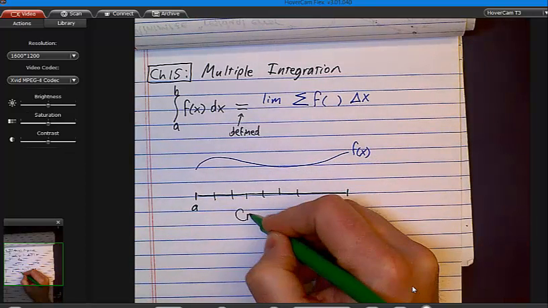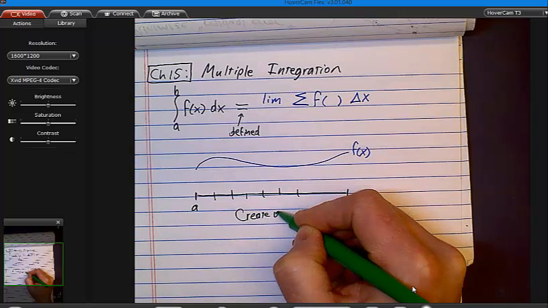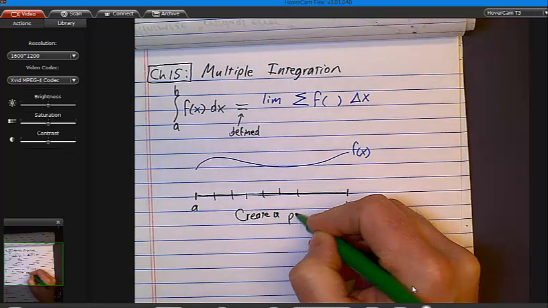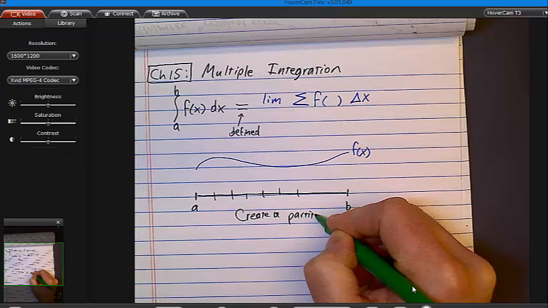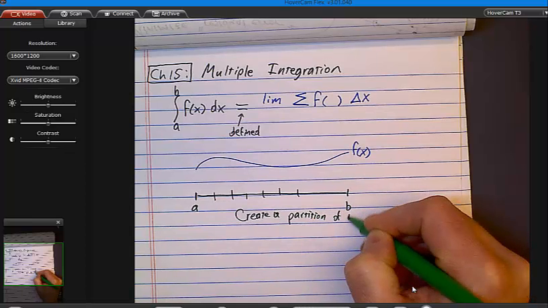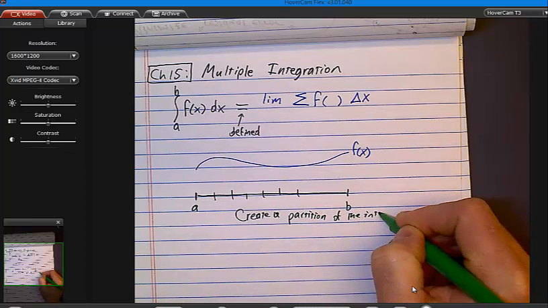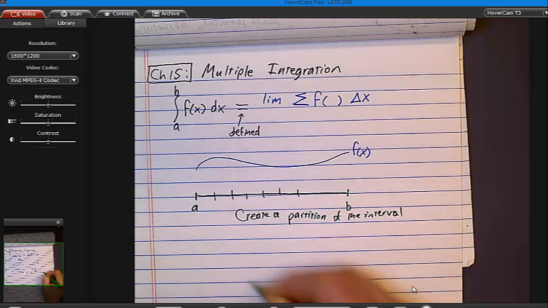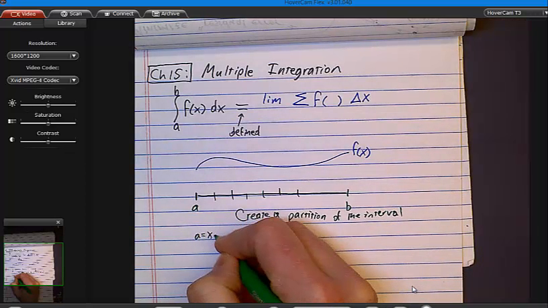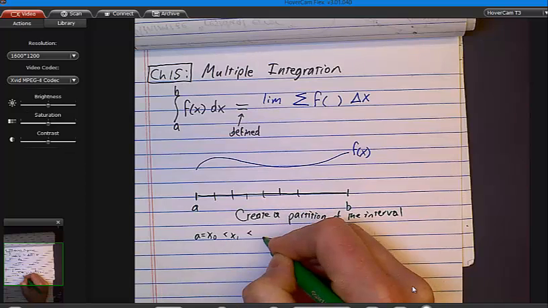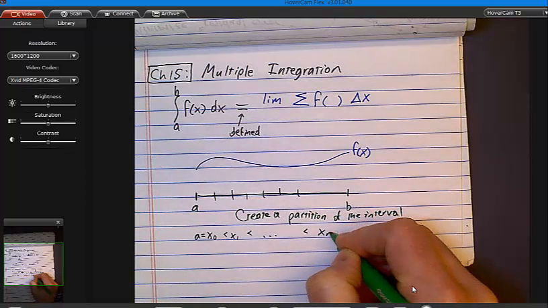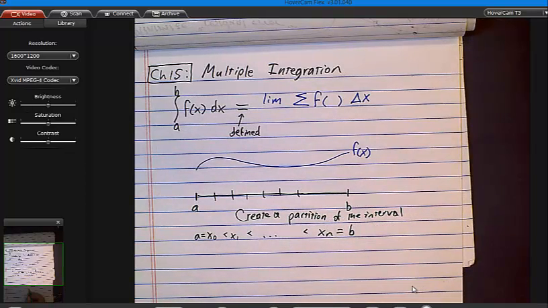So a partition. We create a partition of the interval, right? And we're used to that. We go a is x0, that's less than x1, dot, dot, dot, up to xn, and that's b. And you get these subintervals.